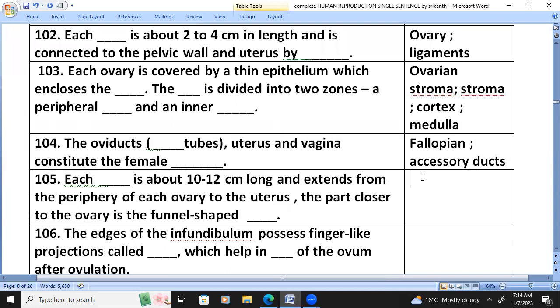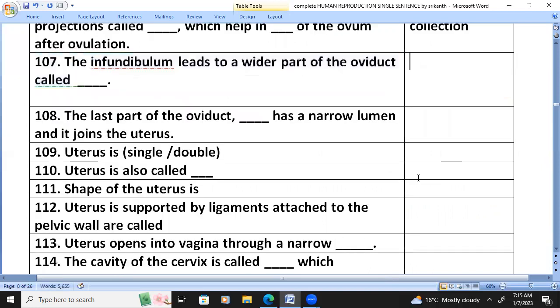Each fallopian tube is about 10 to 12 centimeters long and extends from the periphery of each ovary to the uterus. The part closer to the ovary is the funnel-shaped infundibulum. The edges of the infundibulum bear finger-like projections called fimbriae, which help in the collection of the ovum after ovulation.